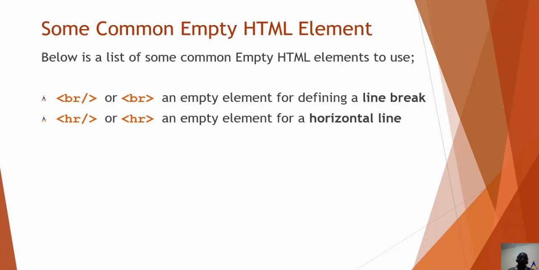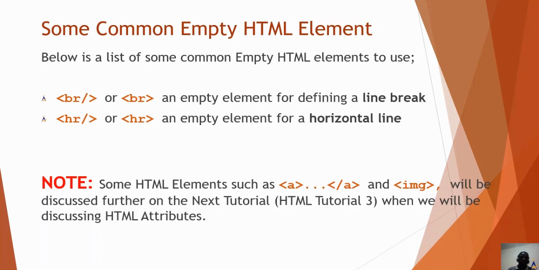So it's better to start from the background so that we can grasp some concepts when we will be doing code and we'll be going together. Note some HTML elements such as a and img will be discussed further in the next tutorial, usually tutorial 3, when we'll be covering HTML attributes.